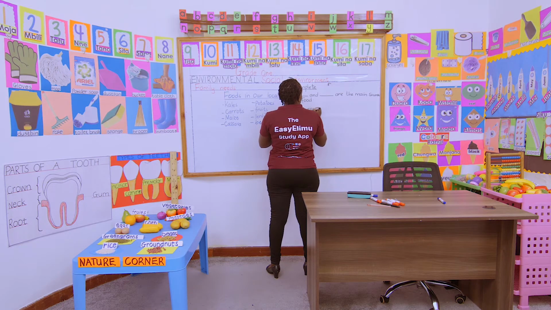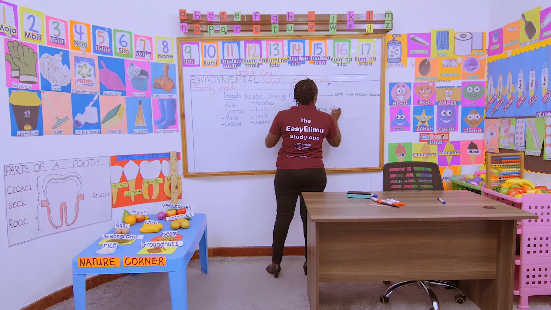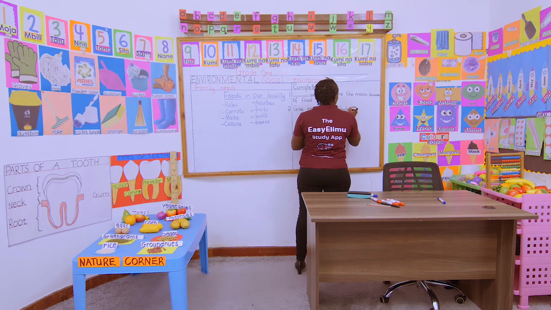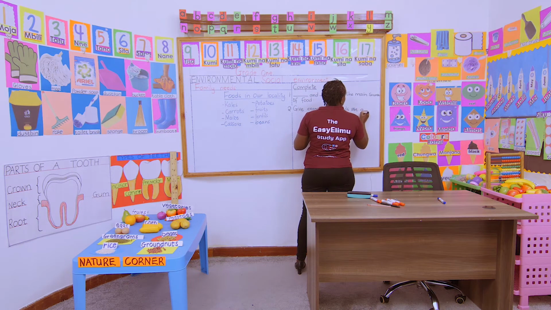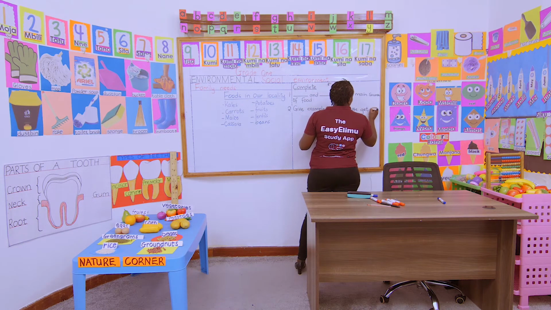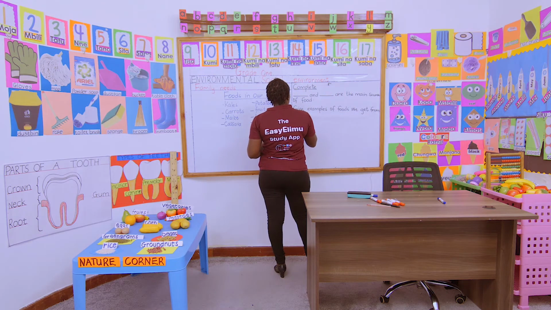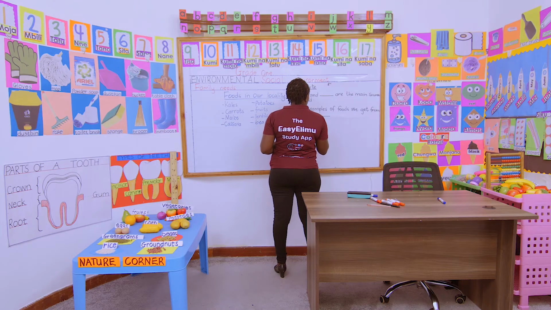Give examples of foods we get from plants. From our nature corner, give examples of food we get from plants. And you'll give me examples of these foods we get from plants.